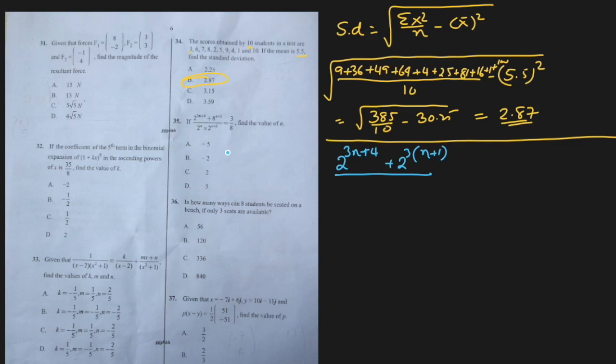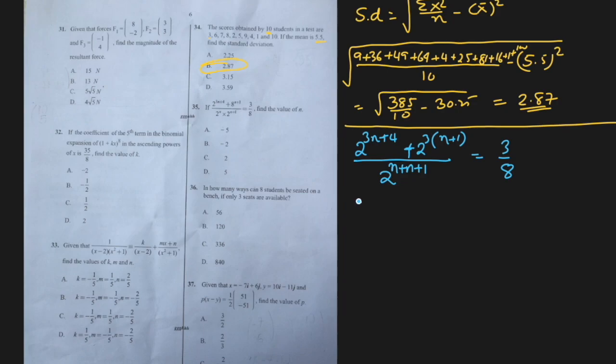Then we have 2 to the power n times 2 to the power n plus 1. Since both are multiplying, their exponents will add up, so it will become 2n plus 1. It is 3 over 8. So it becomes 2 to the power 3n plus 4 plus 2 to the power 3n plus 3 over 2 to the power 2n plus 1 is equal to 3 over 8.